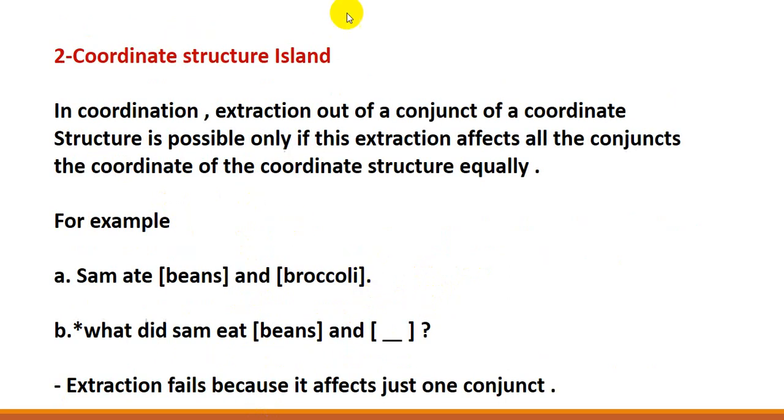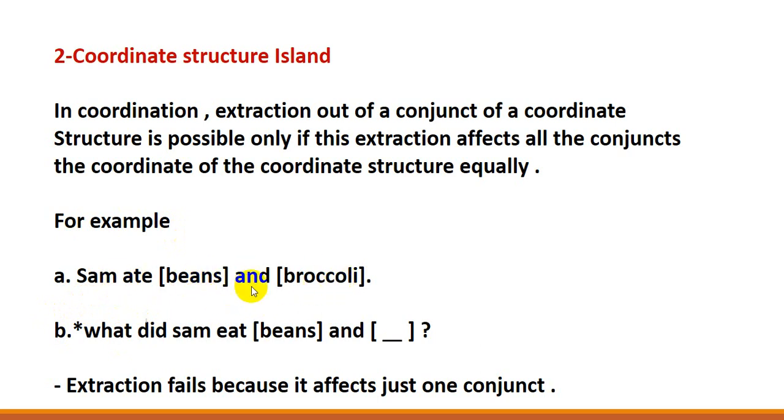Another type is the coordinate structure island. Extraction out of a conjunct of a coordinate structure is possible only if this extraction affects all the conjuncts of the coordinate structure equally. For example, Sam ate beans and broccoli.